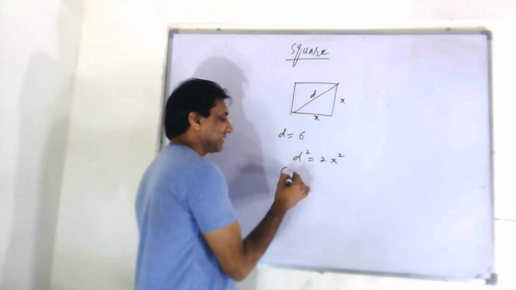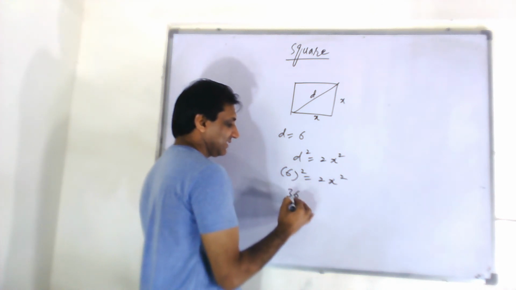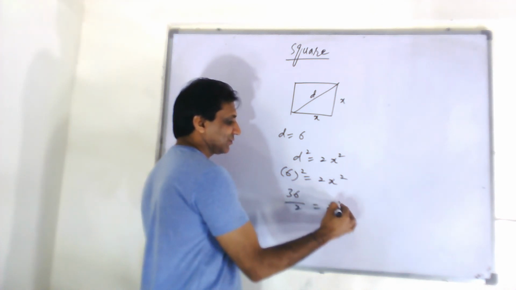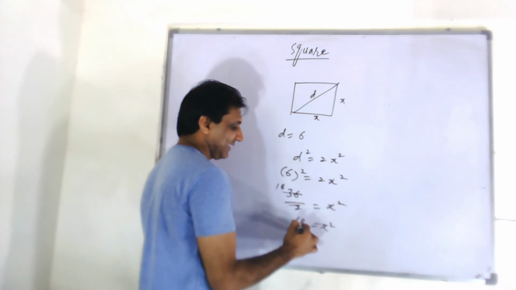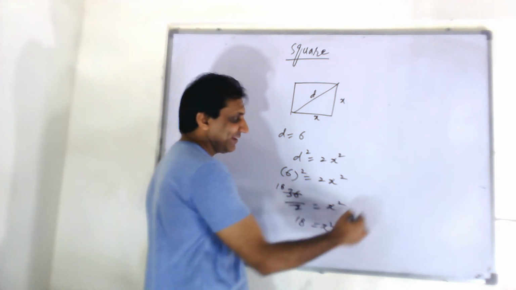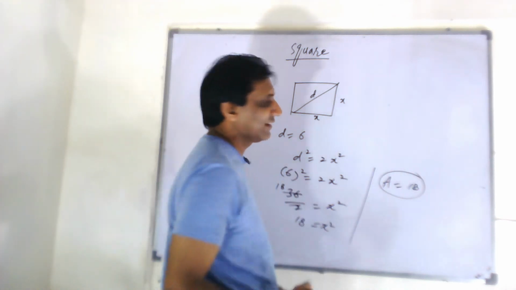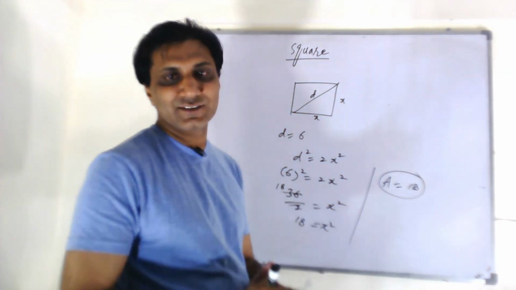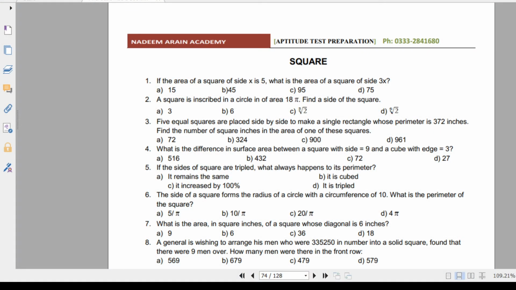So d is 6, so 36 divided by 2 is x square. So x square is equal to 18. X square is actually area. So area is equal to 18. That's what he asks us. Okay. So the answer to question number 7 is 18. The area is 18.